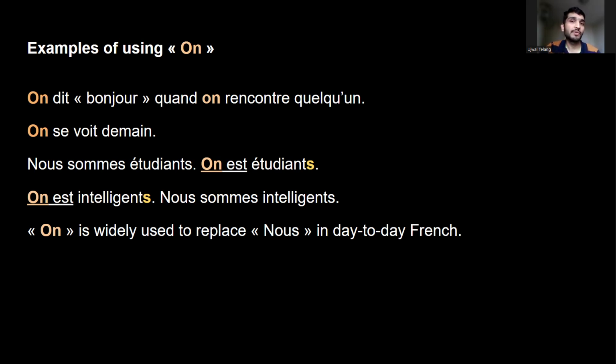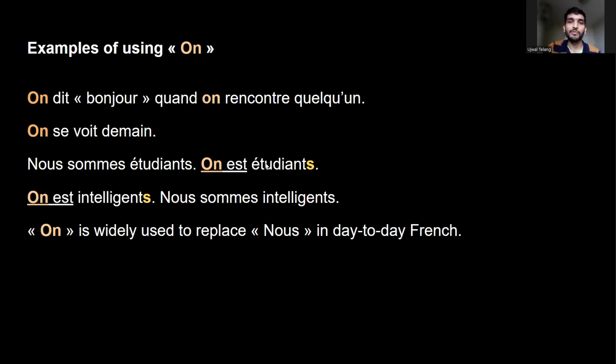Nous sommes étudiants. We're students. Now, if you want to translate this using the on, not translate, but maybe transform, it would become on est étudiant. And we can add an s, okay, since we're talking about a group of people.